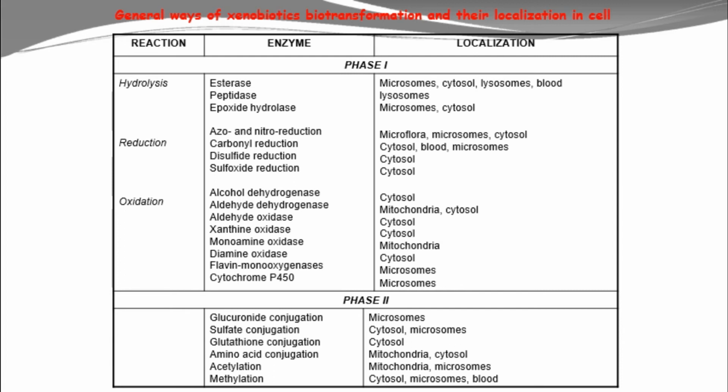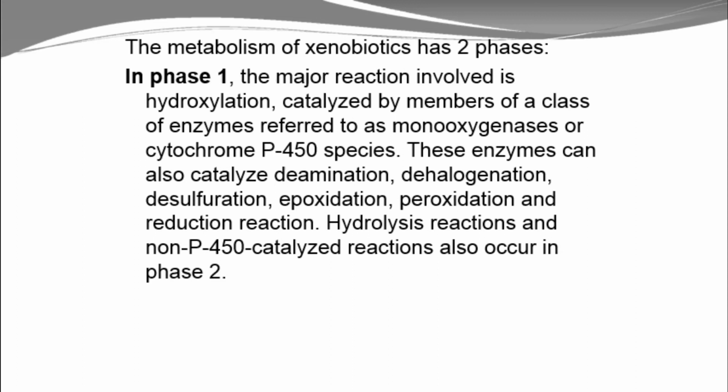There are several enzymes present, one of the important ones being cytochrome P450. We are coming to that later on. So let's first start with the phases. In phase 1, the main process involved is hydroxylation, which is carried out by the enzymes known as monooxygenases, or cytochrome P450.